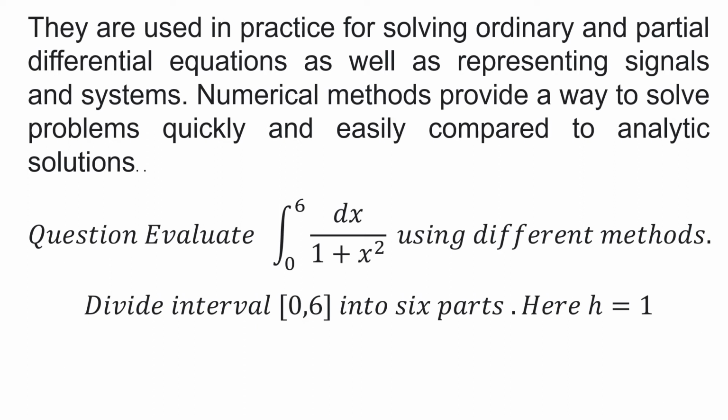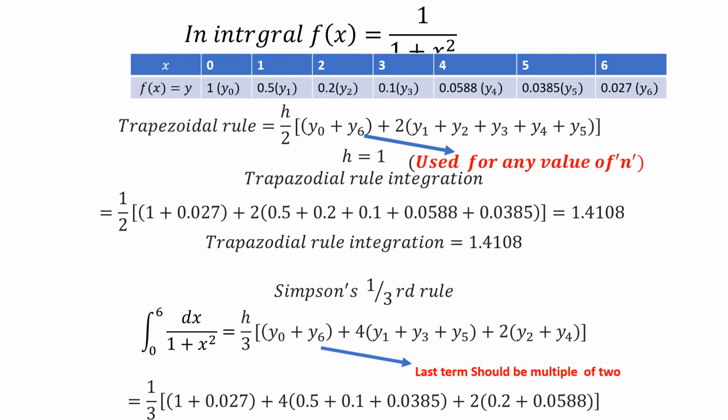The question is to find the value of this integral, dx by 1 plus x square, using different methods, because we discussed all four methods earlier, right? Now you can see here, the value of the integral varies from 0 to 6, and here we are taking h equal to 1.